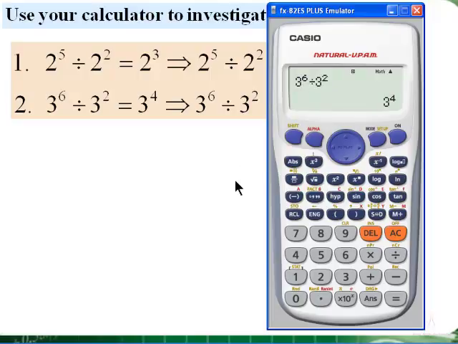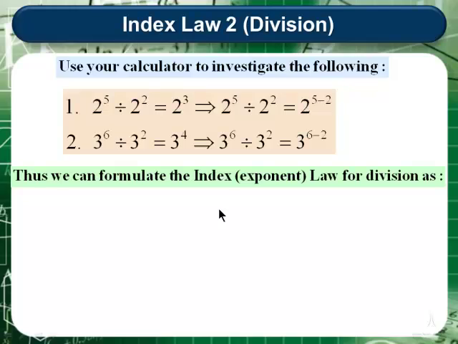This is enough just to confirm this. So now we're in a position to formulate the index law for the division. That if you have a to the power n and you divide it by a to the power m, then it's a to the power n minus m.